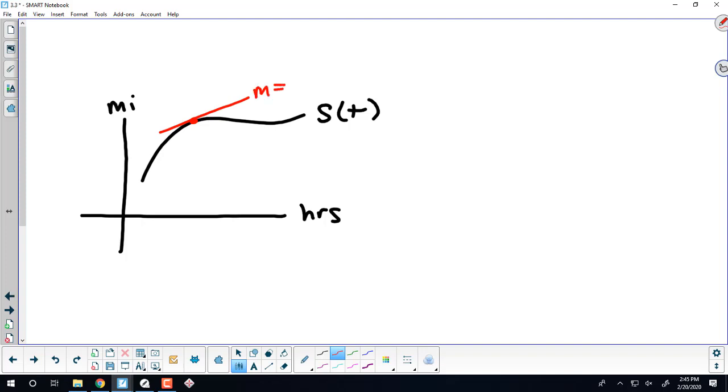Let's say the slope is 10, what are the units? Change in miles over hour, or velocity? Yeah, because remember when we compute a derivative, it's a small change in y over a small change in x, a small change in miles over a small change in hours. So if I compute a derivative, my units are always the y units over the x units. If I'm looking at a position function and I find a derivative, I now get a velocity.